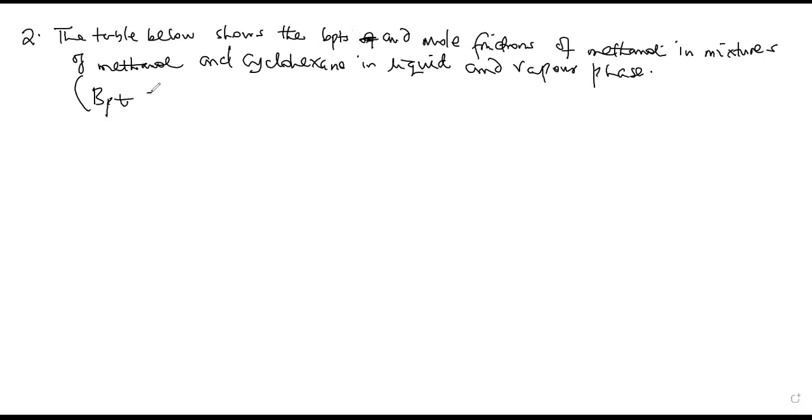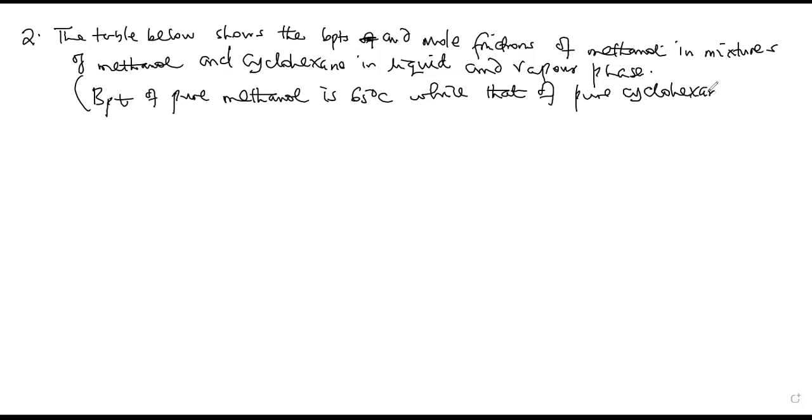Boiling point of pure methanol is 65 degrees Celsius, while that of pure cyclohexane is 81 degrees Celsius. The bracket is supposed to be closed here. So we are having the boiling point of the mixture.